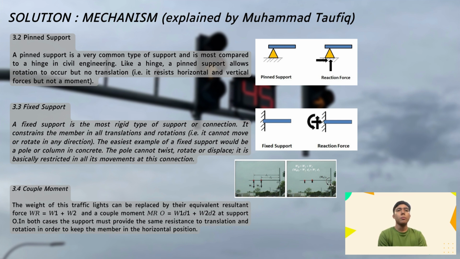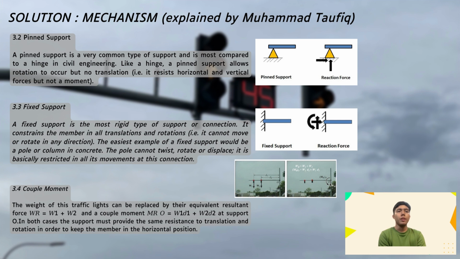A fixed support is the most rigid type of support or connection. It constrains the member against translation and rotation. For example, it cannot move or rotate in any direction. The easiest example of a fixed support would be a pole or column in concrete. The pole cannot twist, rotate, or displace. It is basically restricted in all its movement at this connection.